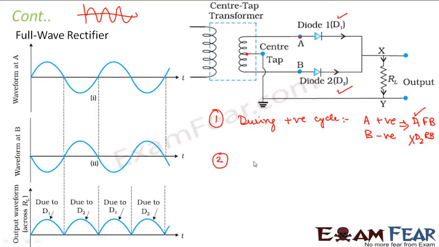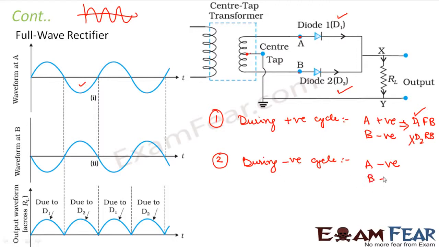Okay. Now what happens during the negative cycle? During the negative cycle of the input, A is at negative, right? So if you see, the waveform at A is negative.